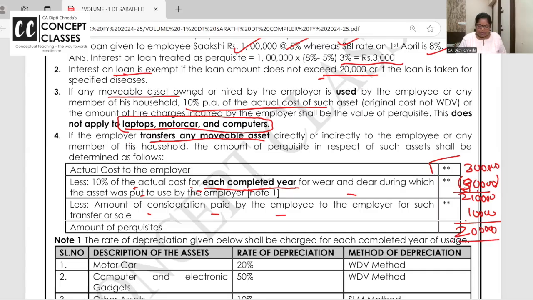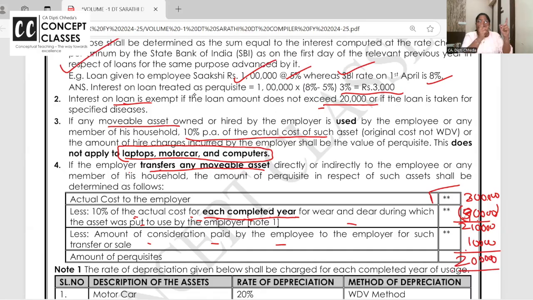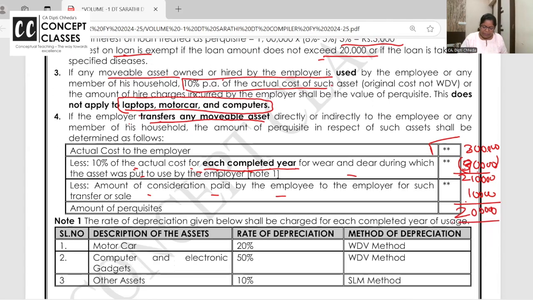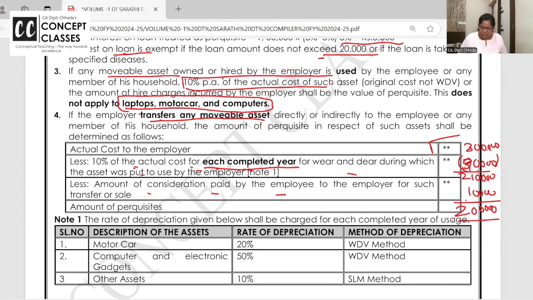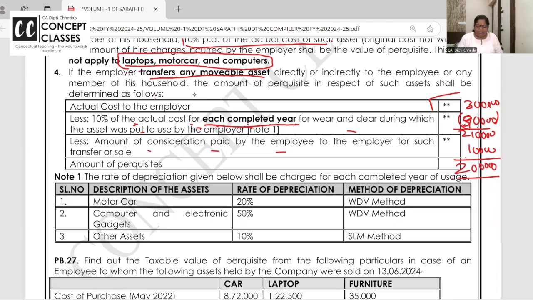What's the taxable perquisite? I'm repeating, if the employer's asset is used by the employee, 10% of the original cost, except laptop and computer, which is exempt. Motor car, we will do the table now. And other asset, if it is transferred, you have to take depreciation for each completed year: 10%, motor car 20% WDV, computer 50% WDV, other assets.